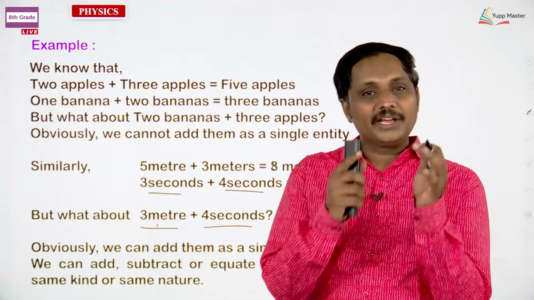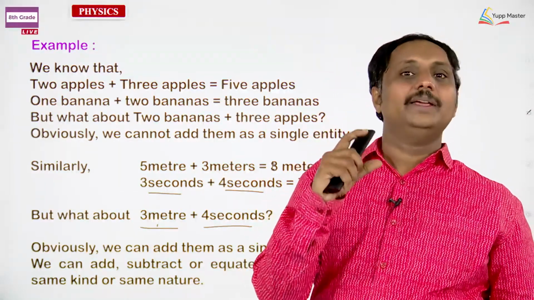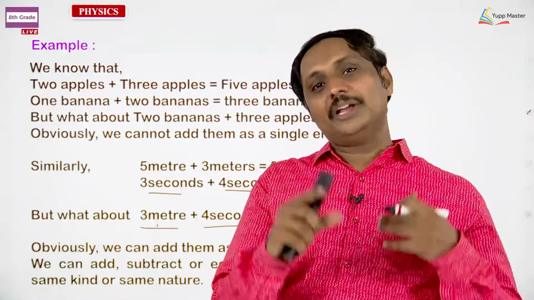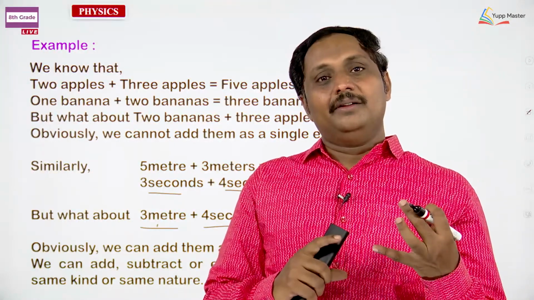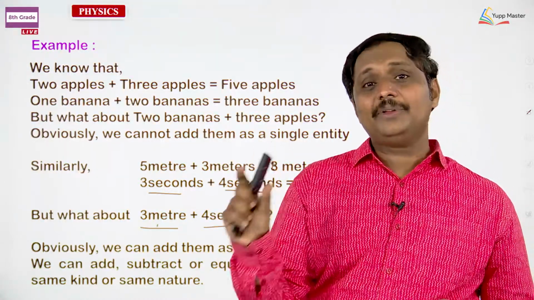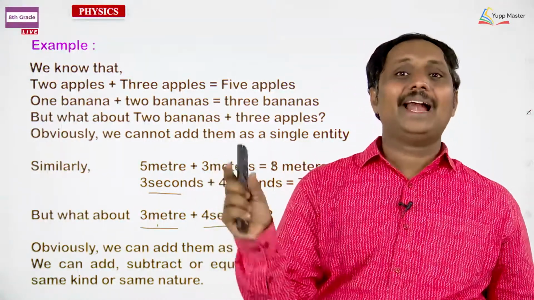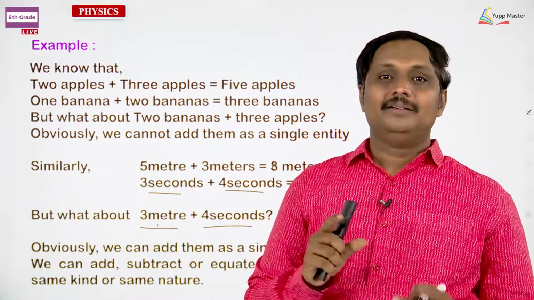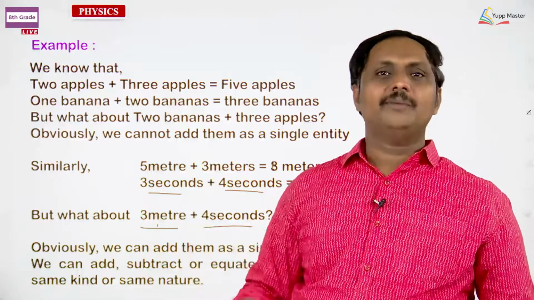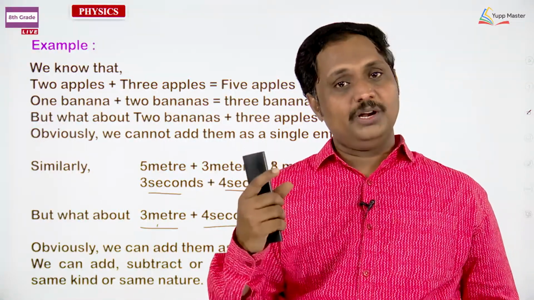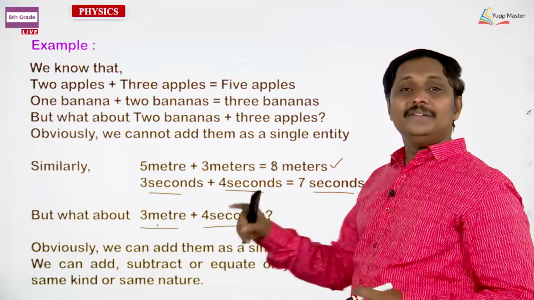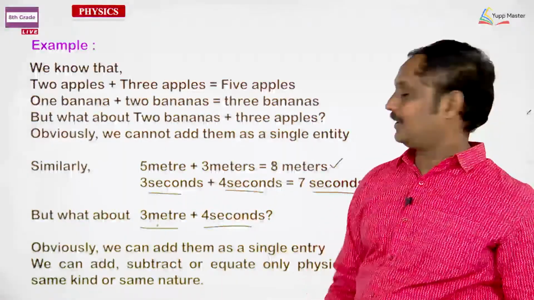So if you take one physical quantity which can be expressed as a summation, it can be expressed as a single entity. You can add 10 seconds and 5 seconds. Whatever the time intervals in which a body has motion, they can be added to a single entity, right. It is very clear.